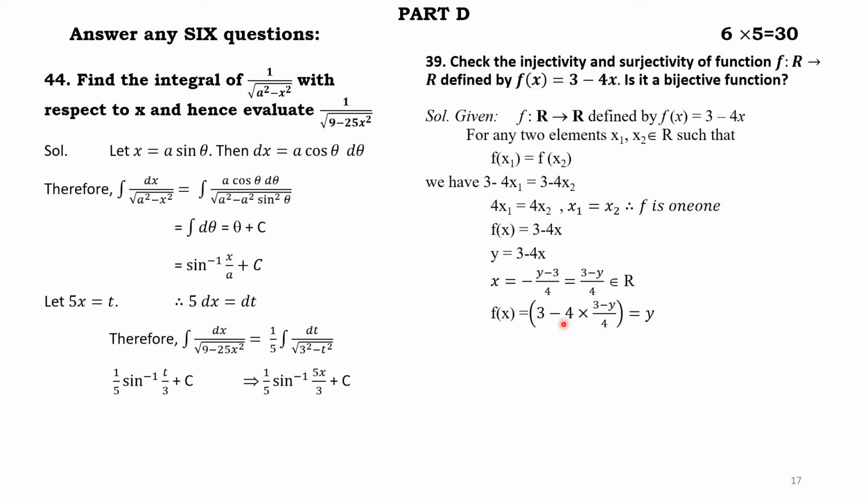That is, substituting x as (3 minus y) by 4 in 3 minus 4x, we get y. That is, f is onto. Therefore, f is both one-one and onto. That is, f is bijective.